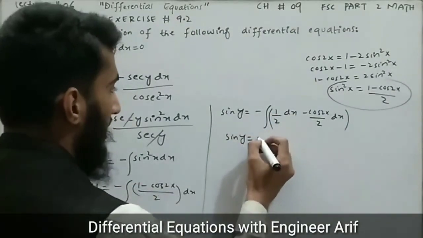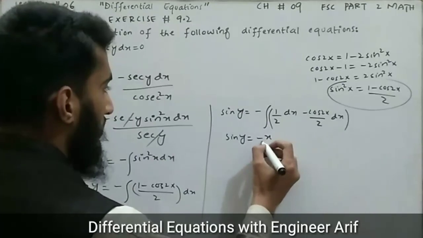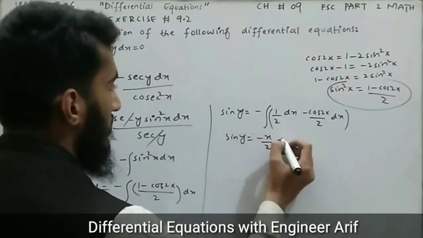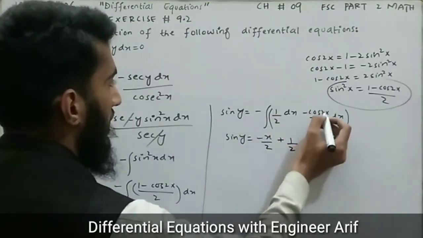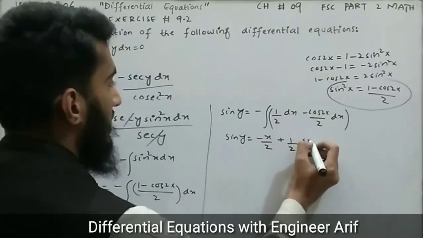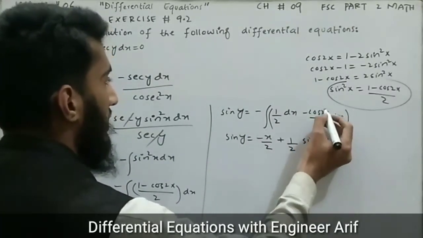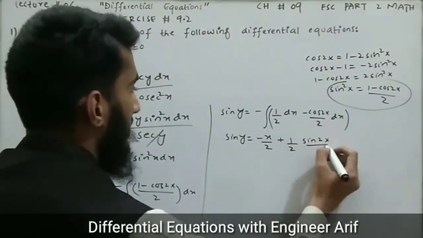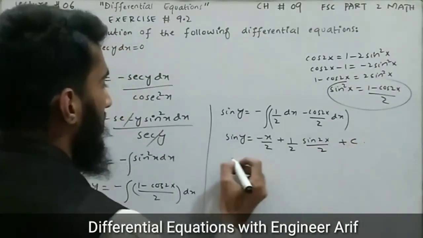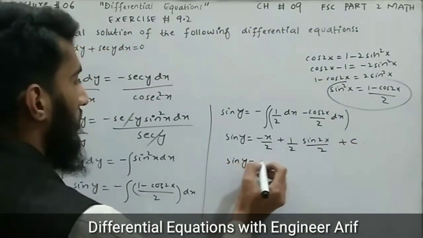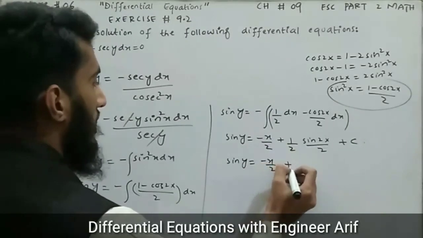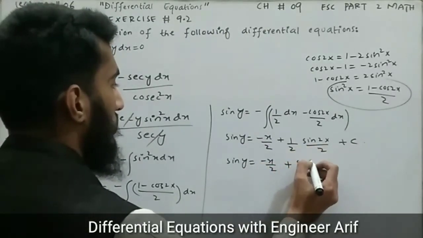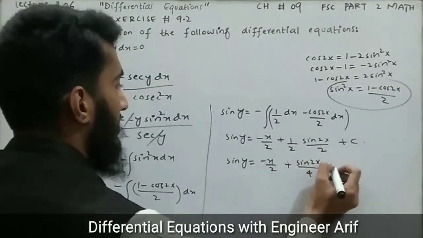The integral of 1 dx is x. Integration is minus x over 2, minus, minus, plus. Over here we have 1 over 2. Integration of cos of 2x is sine 2x. But over here this is an inner function, so we will differentiate it and put it in the denominator, plus constant. So sine of y will be equal to minus x divided by 2 plus sine 2x divided by 4 plus constant of integration.